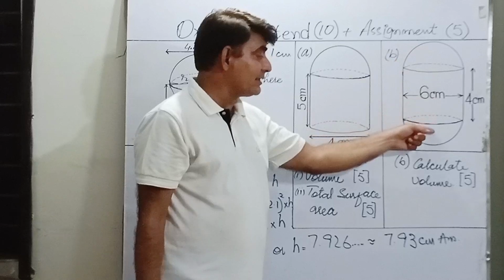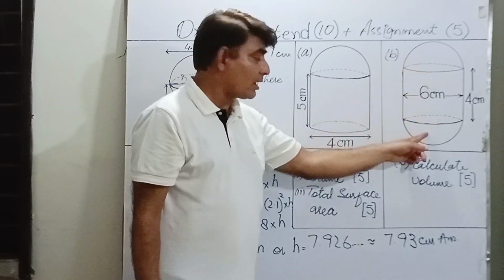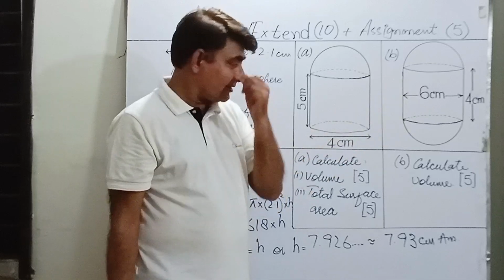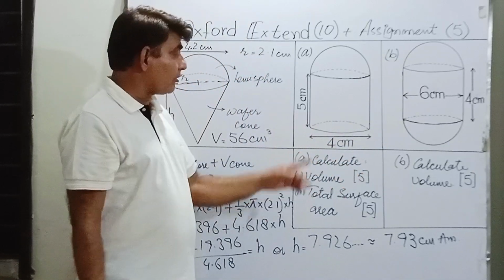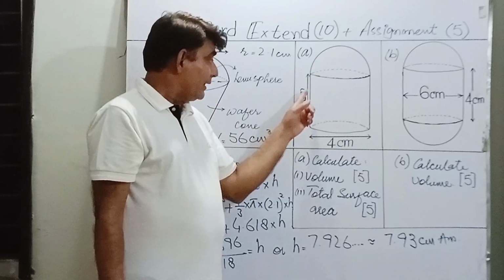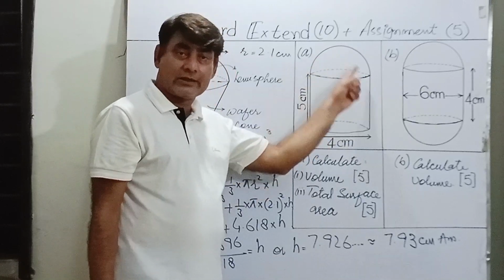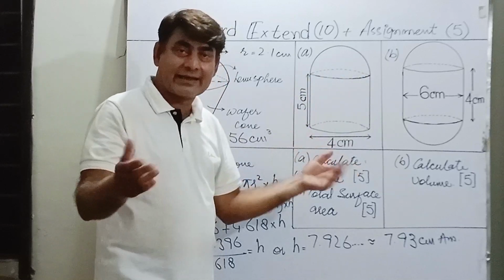This half plus this half, these two halves make a complete sphere. Now when we talk about the surface area, the surface area of a sphere is 4 pi r square. The curved surface area of this cylinder is 2 pi r times height, or you can say length.